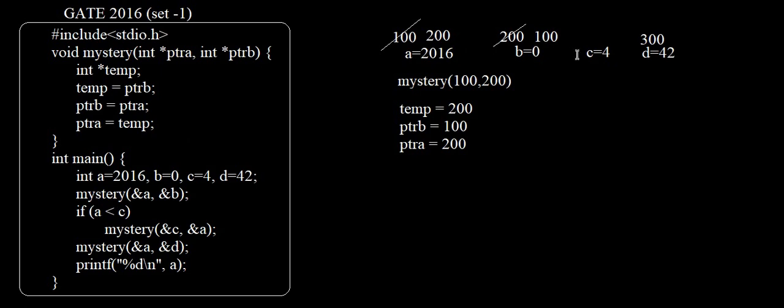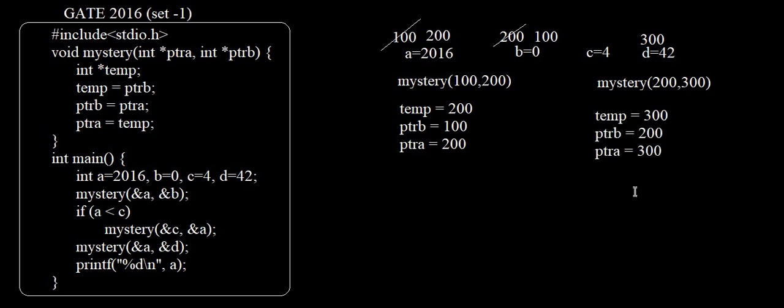Let the address of a be 200 and the address of d be 300. We pass 200 and 300 in the mystery, so again the addresses are swapped like this. So 300 is assigned to a and 200 is assigned to d. Now it prints the value of a. What is the value of a here? 2016. So the answer to this problem is 2016.